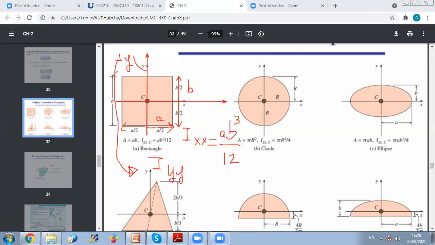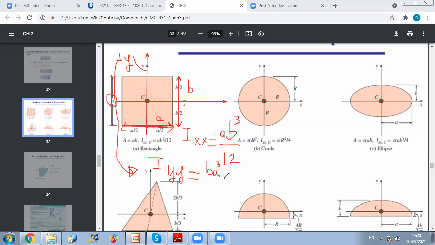You should look at the side that is parallel to y. Its length is B, while the side perpendicular to y has a length of A. So what will be the second area moment about y? It will be equal to B A cubed over 12. Very good. B A cubed over 12.